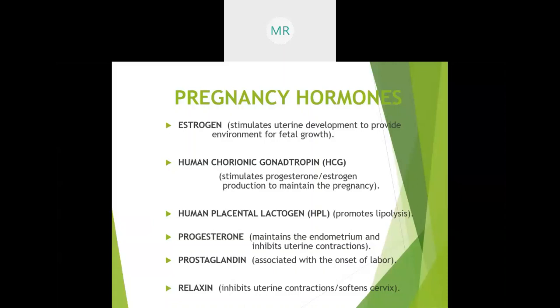That's all about estrogen. Another famous hormone is HCG, human chorionic gonadotropin. It stimulates progesterone and estrogen production to maintain the pregnancy. This is the hormone that will signal the body that you are pregnant.